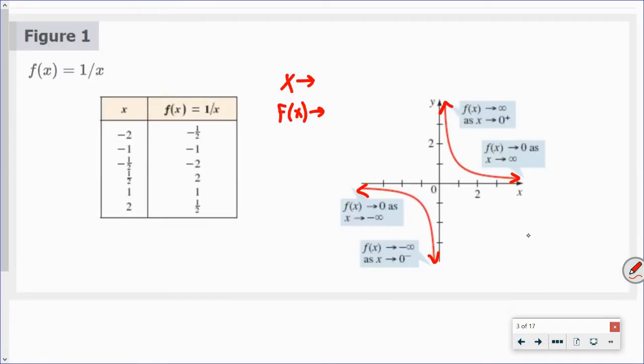Like if we look back over here, I can tell that there's a horizontal asymptote right here. Why? Because that's where my end behaviors are going. I know there's a vertical asymptote right here. Why? Because that's where my end behaviors are going. If the end behaviors weren't approaching that, it wouldn't be an asymptote.